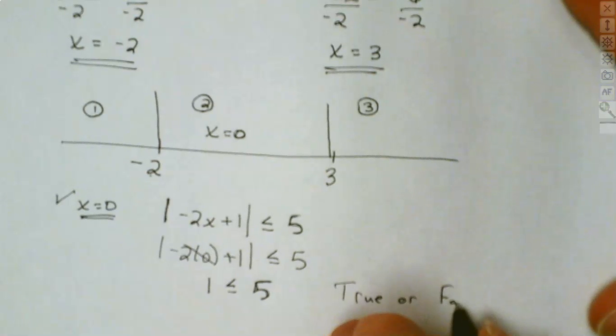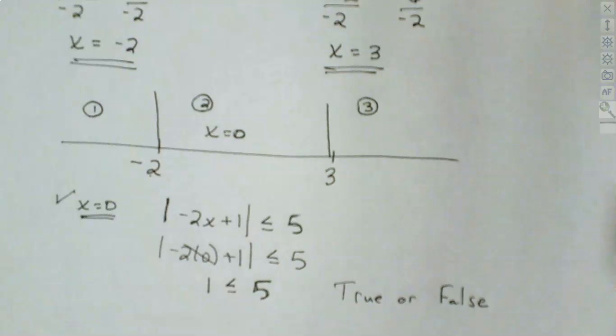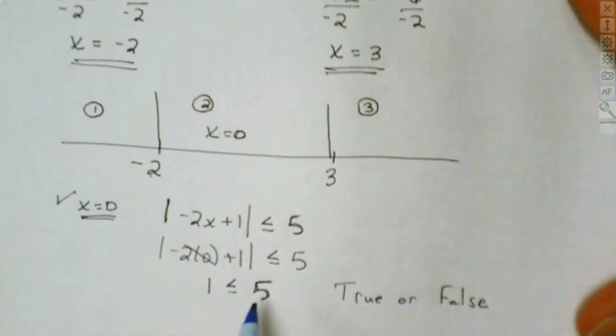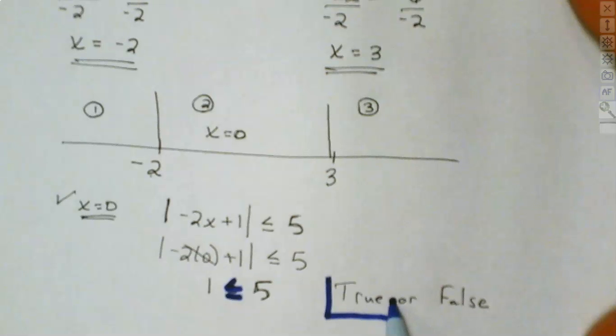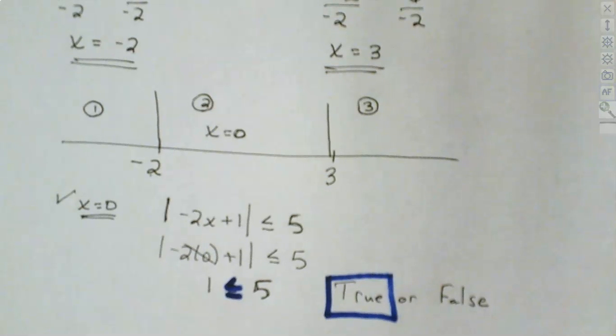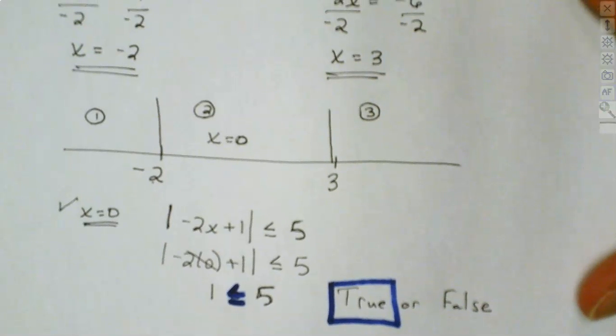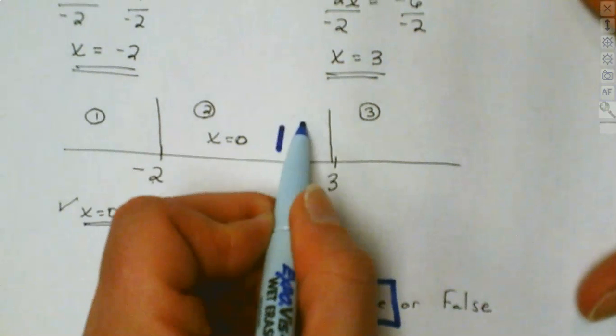Can someone tell me if this is going to be true or false? True. Okay. Why? Because remember, the inequality opens towards the larger number, and 5 is larger than 1, so that makes that true. Now, if that's true, then what do we know?